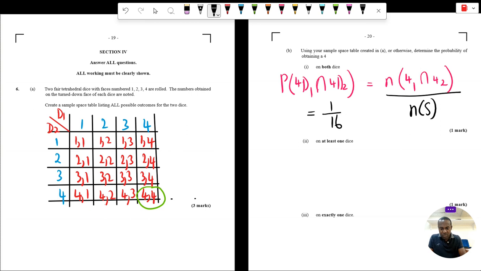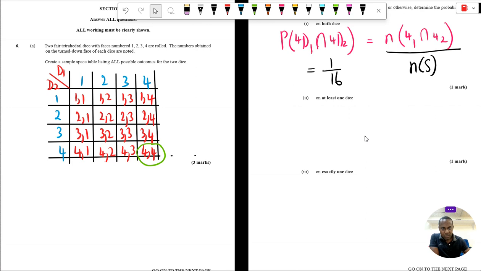Good. Now, the next part of the question says, calculate the probability of obtaining a 4 on at least 1 dice. So the key expression there is on at least 1 dice. So what does this mean? The probability of obtaining a 4 on at least 1 die, not 1 dice, but 1 die, is equal to the number of outcomes where we have at least, so that is greater than or equal to 1, 4.